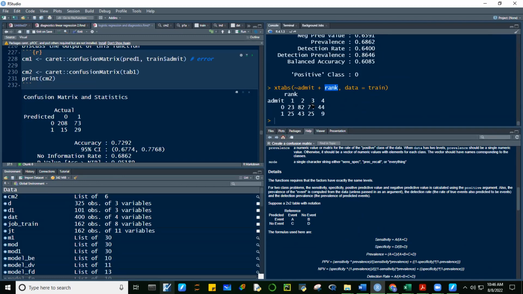Ay, hindi, sorry. Dapat predicted. Sorry guys, hindi ito dapat. Ito na lang. So, ito kasi yung predicted natin, di ba? Anong pinakamarami dito?